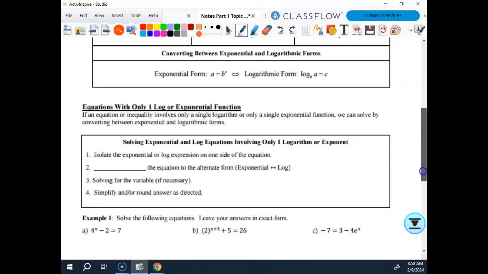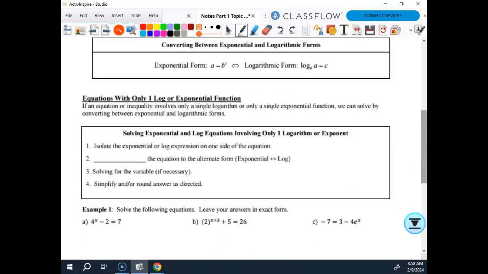Converting between the two, and I will say again, there's a difference between straight up just converting and finding the inverse. When you find the inverse, you end up converting as part of the process, but just plain old converting does not result in an inverse. Okay, so I think some people sometimes get those intertwined or mixed up.